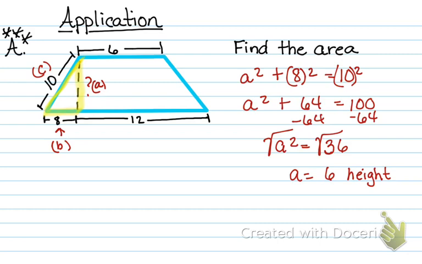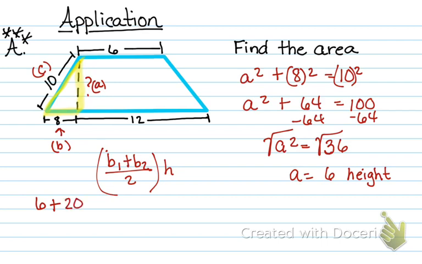And now we're going to use our formula for a trapezoid to find the area. That is base 1 plus base 2, divided by 2, times the height. We're going to plug it in. We can call this top piece base 1. It doesn't matter if we call 6 or 12. We have 6 plus, now, not just 12, but 12 and 8, so this whole thing at the bottom is actually 20.